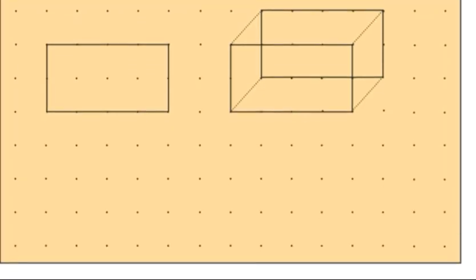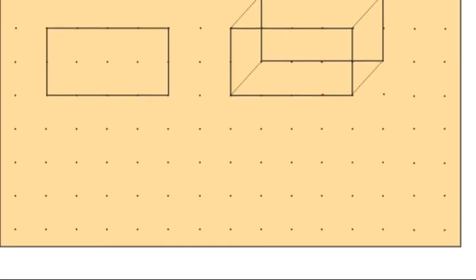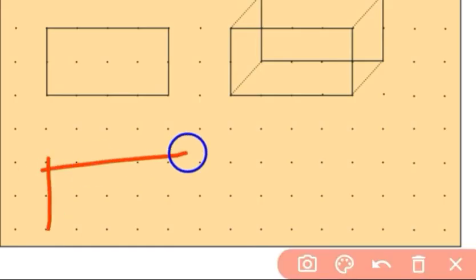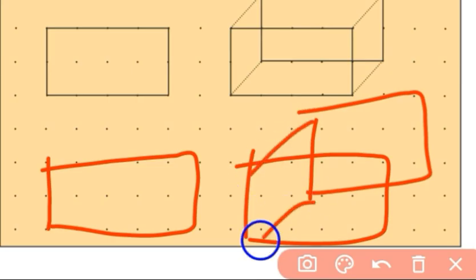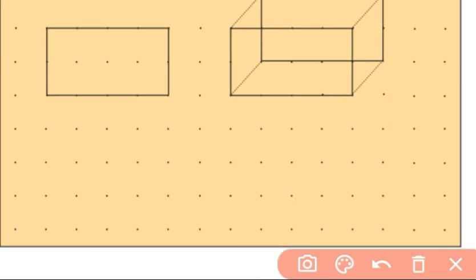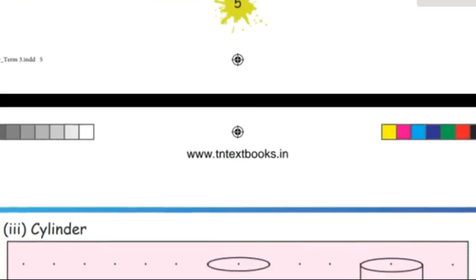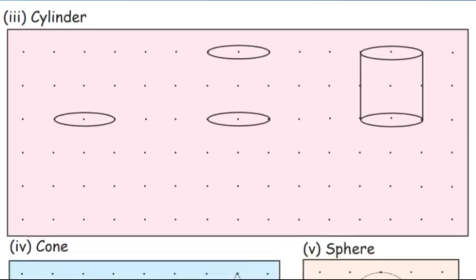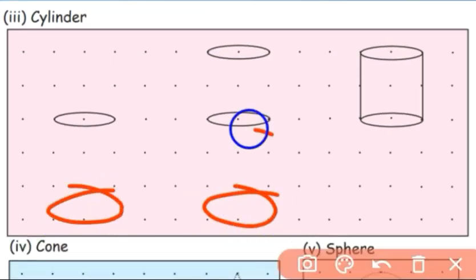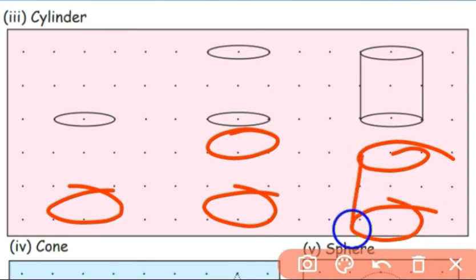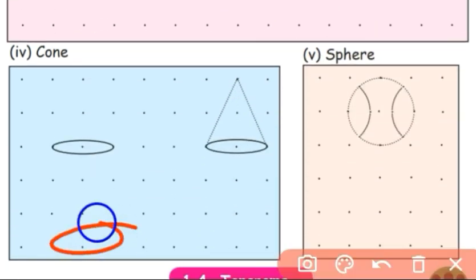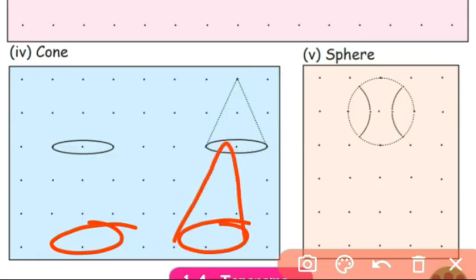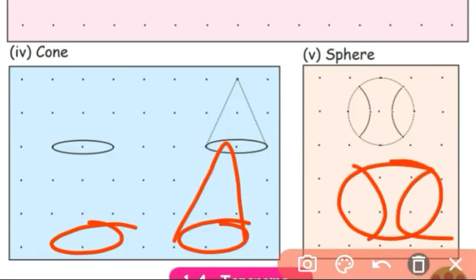And see next cuboid, you have to draw below the same like this. Next cylinder, next cone, next sphere.